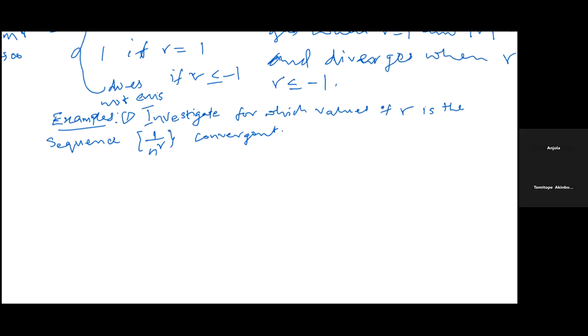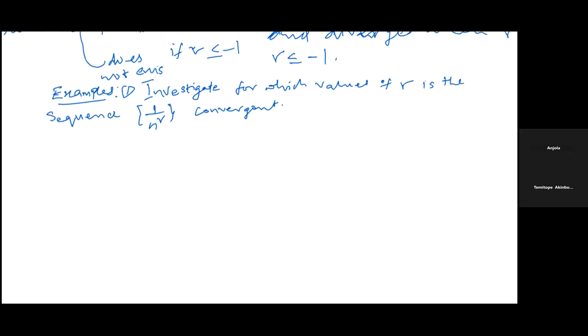So write the question, then we'll now see the solution together. Investigate for which value of R is a sequence 1 over n raised to power R convergent. Okay, I'm there.